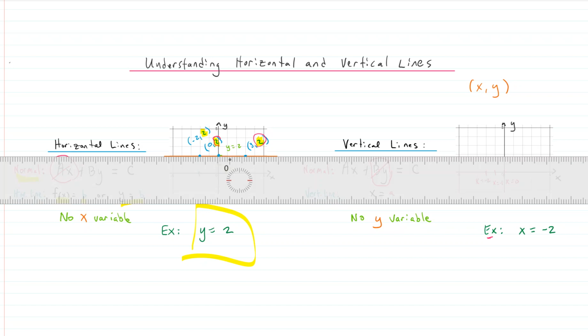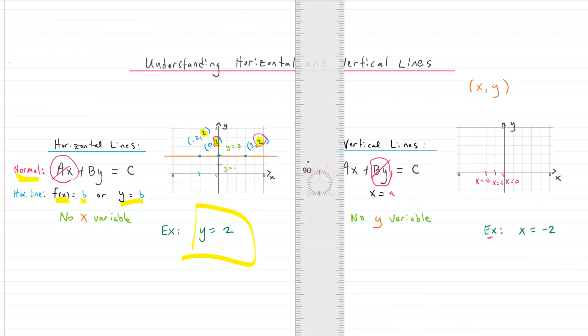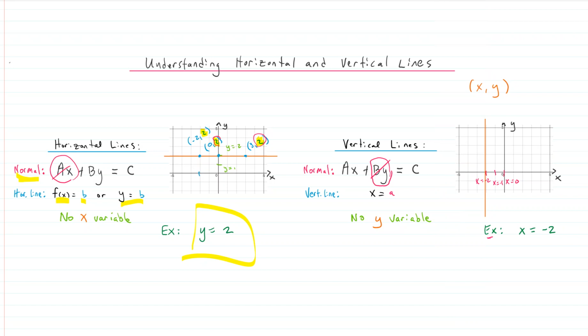So let's bring our ruler back and get 90 degrees and draw a line at x equals negative 2. So here's our line x equals negative 2. Say we look at this one here, what is that point?